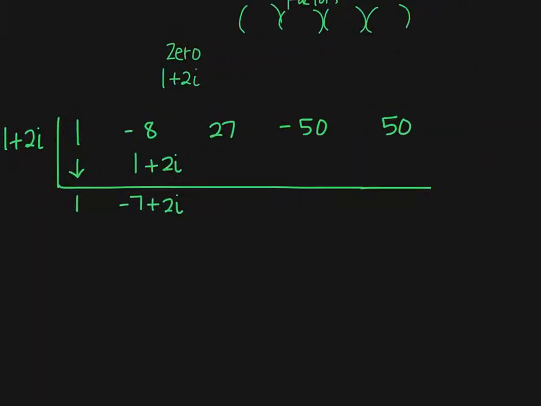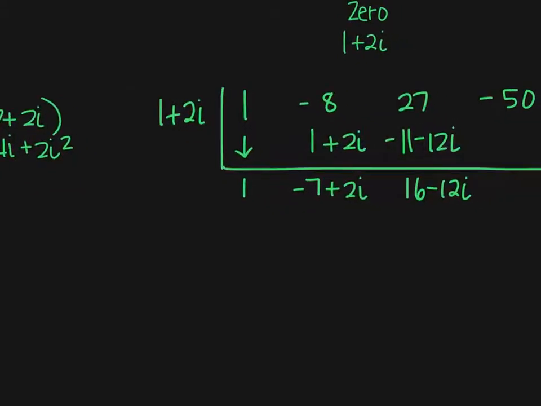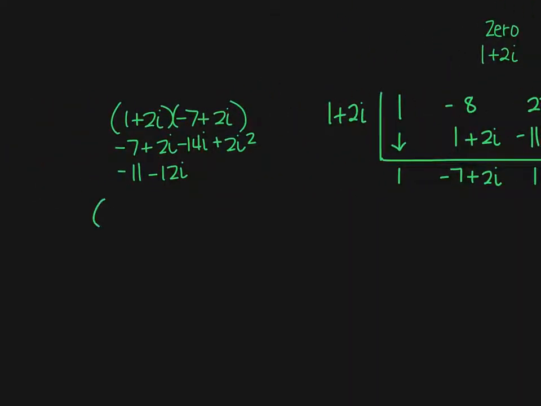So I come back over here, I've got negative 11 minus 12i. All right, what's the result when you combine those? 16 minus 12i. Okay. Again, a little bit tedious, in that you have to do the FOIL work one more time. So I'll sweep this over to the side, 16 minus 12i, FOILed with 1 plus 2i.